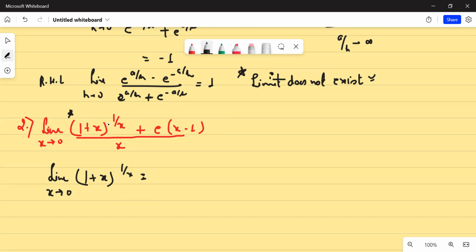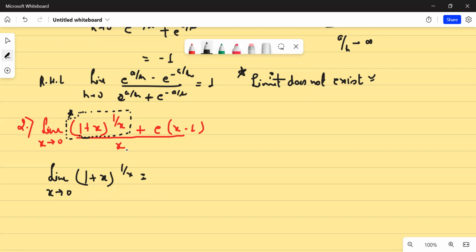So what I will suggest is for this question, because if you had this limit x tends to 0 and only this thing was given to you, then you could certainly have written it as e, right?